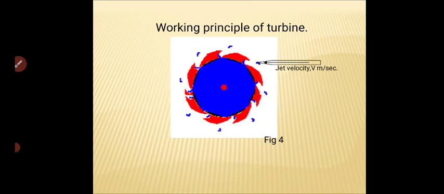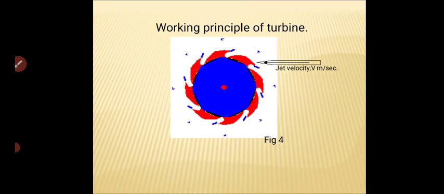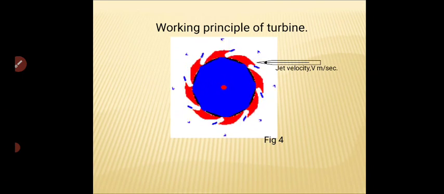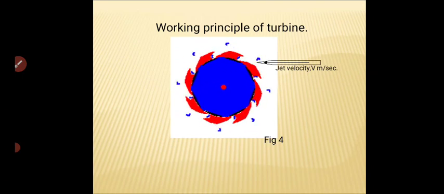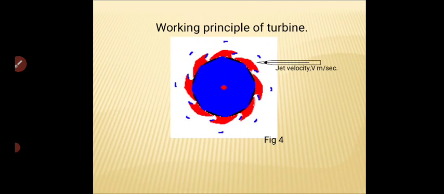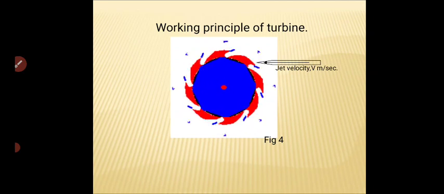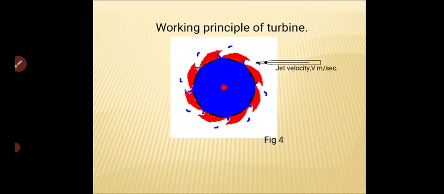The nozzle directs high velocity streams of water onto curved buckets mounted around the periphery of the wheel. The resulting force rotates the turbine.